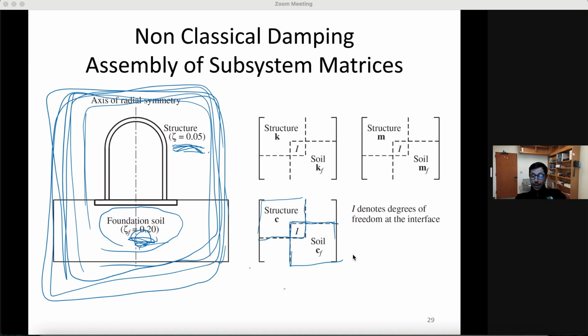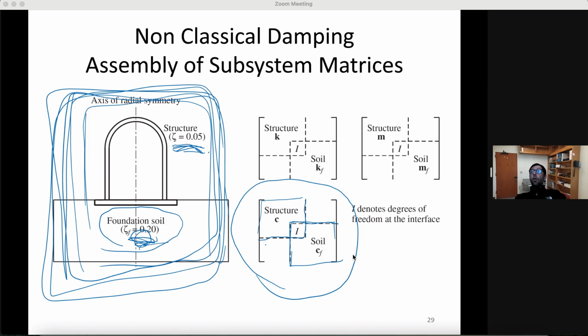This damping matrix cannot be assumed as a combination of the stiffness matrix and the mass matrix. This is called non-classical damping, meaning every time the damping matrix must be written explicitly, as it cannot be written as a combination of the mass matrix and the stiffness matrix.